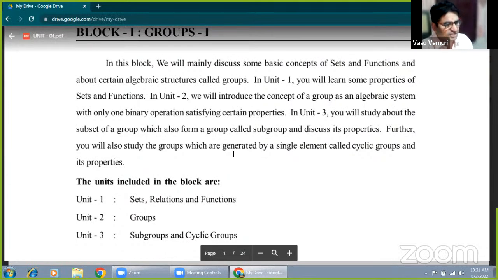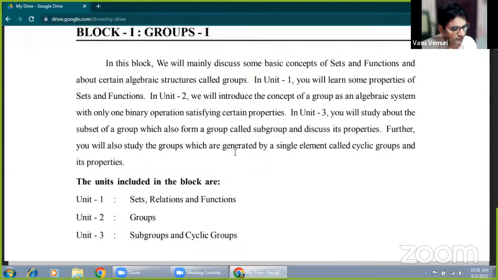The first block is Groups 1. In this block we will begin with sets, relations, and functions; the second unit is groups, and the third unit is subgroups and cyclic groups.